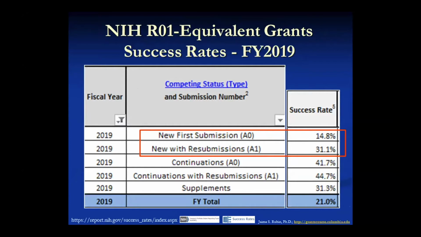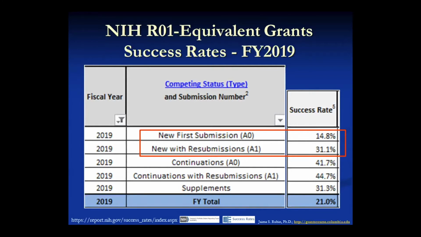One of the first things to know is that one of the neat things of the NIH grant process is that if you don't get funded the first time, you can submit what's called a resubmission or an amended application. The A1 signifies the first amended application.